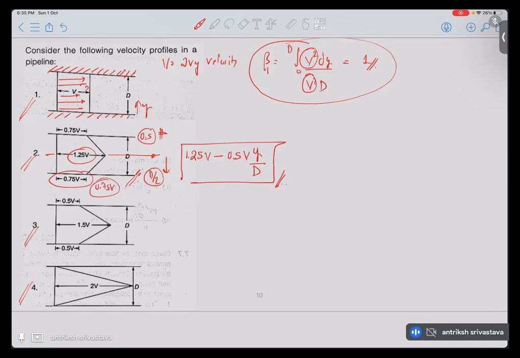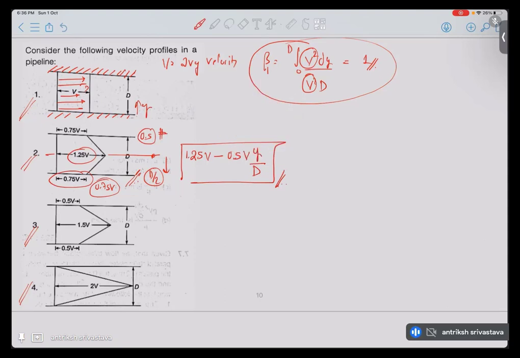Is this correct, or am I missing something? Can anyone confirm with me? Is everyone listening? Okay, let me correct it myself.